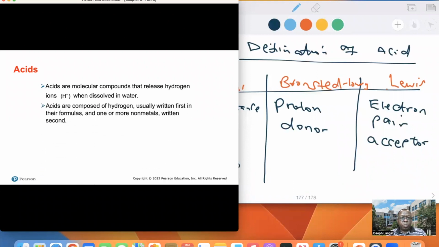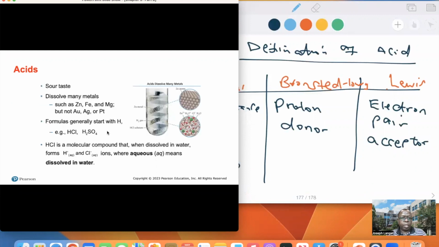Acids are composed of hydrogen, usually written first in the formulas, and one or more non-metals written second. It's just the properties of an acid. Please take note of this. Acids generally taste sour, whereas bases taste bitter.